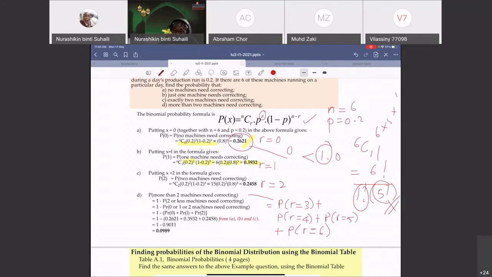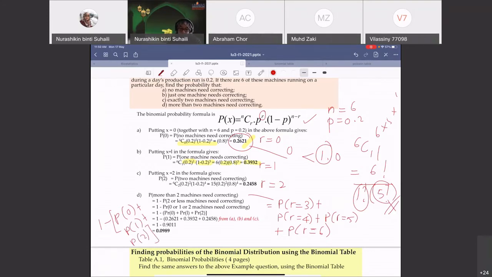plus r equal to 5 plus r equal to 6, isn't it? But since you have solved 0, 1, and 2 in the previous questions, you can also solve it as 1 minus (p0 plus p1 plus p2).